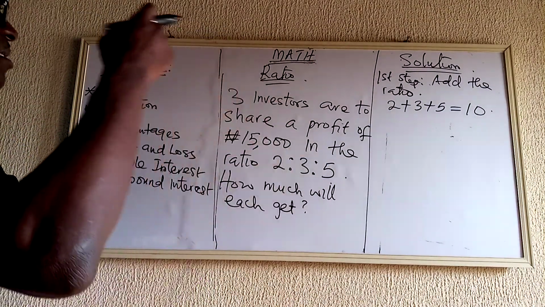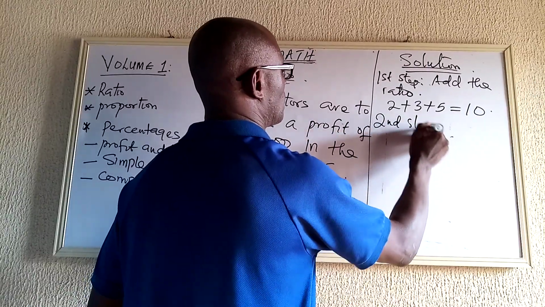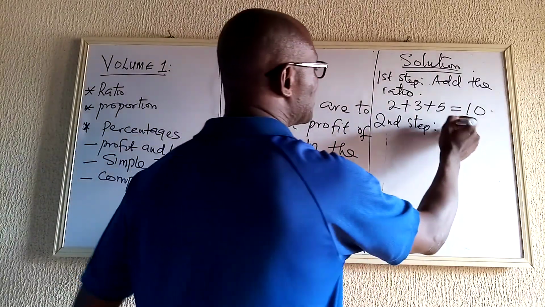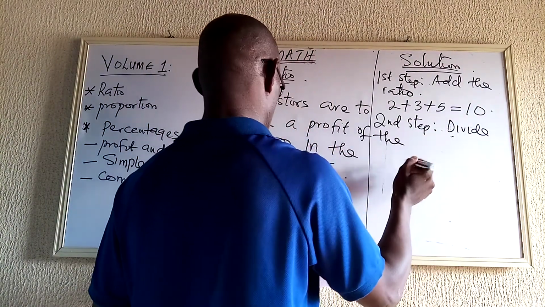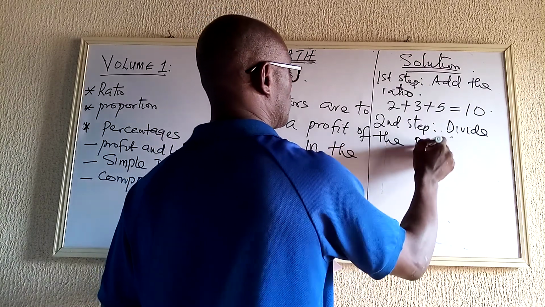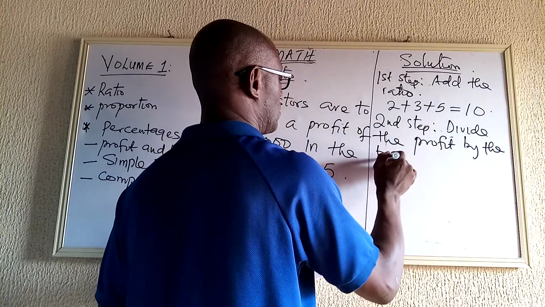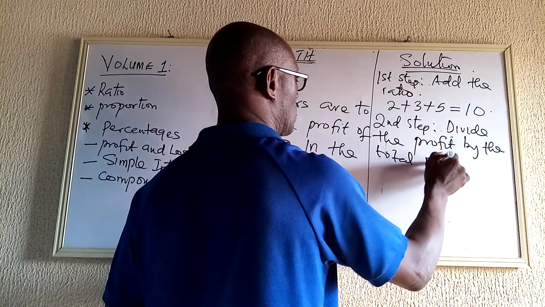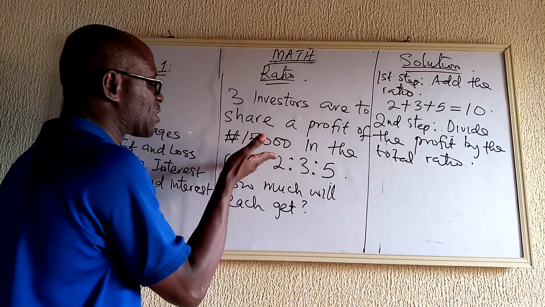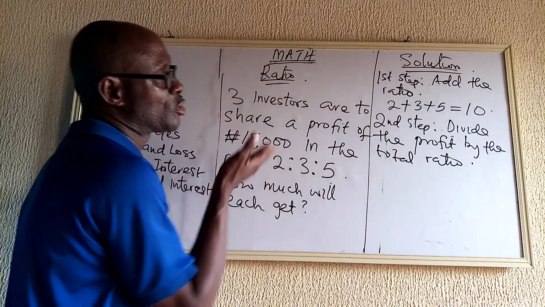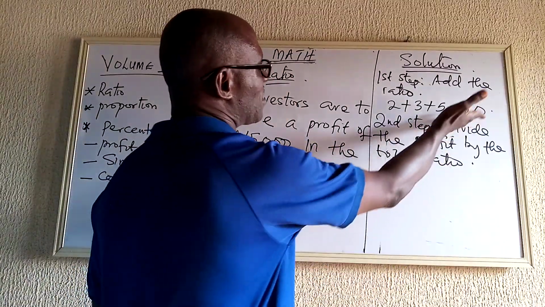Now, second step, divide the profit by the total ratio. That means the profit they are to share, which is 15,000 naira, should be divided by the sum of the ratio, and the sum of the ratio is 10.